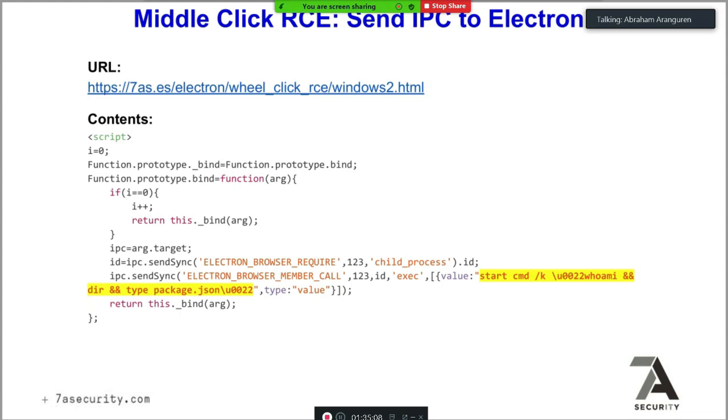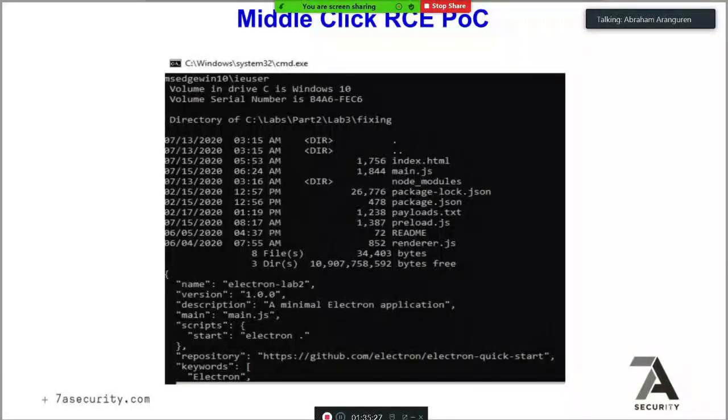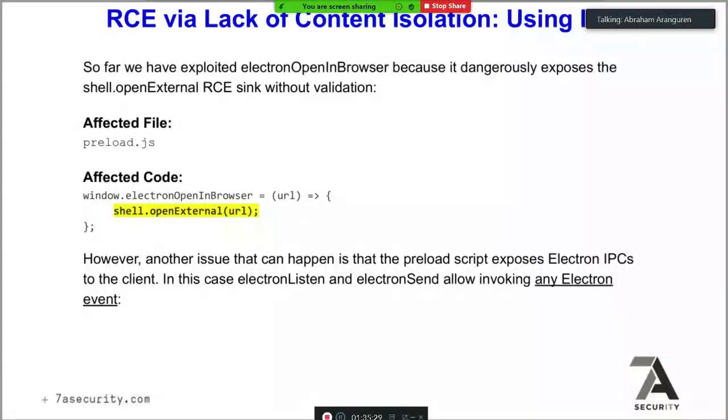And this is basically giving us command execution. So you have all these links. This is the source code payload, and this is more or less how it will look on the vulnerable application. You send this Windows 2 and then send message, and then you click on the link and you get all this stuff, right?